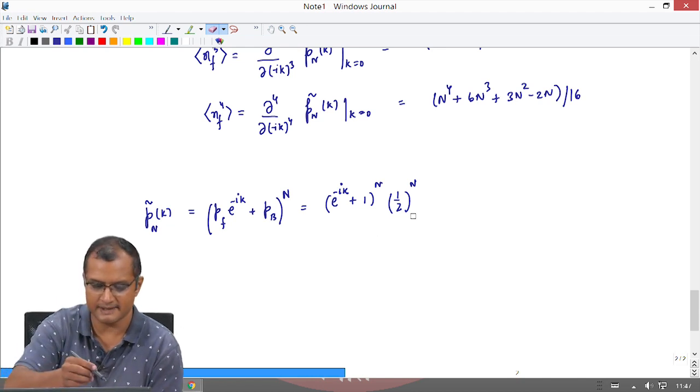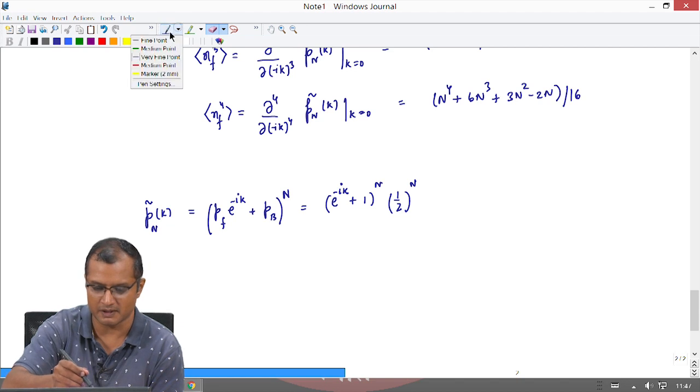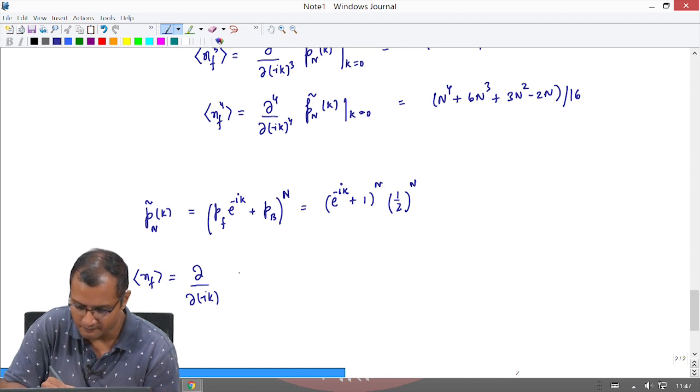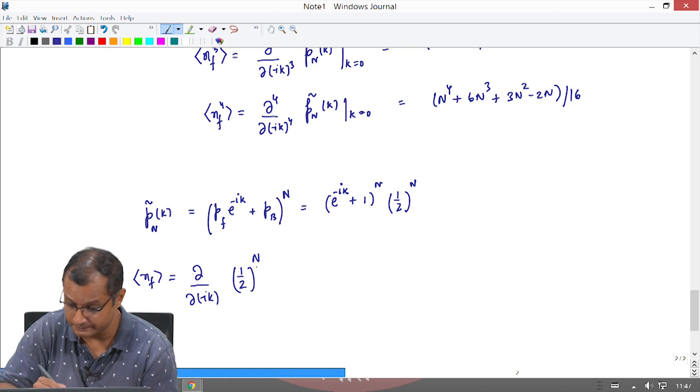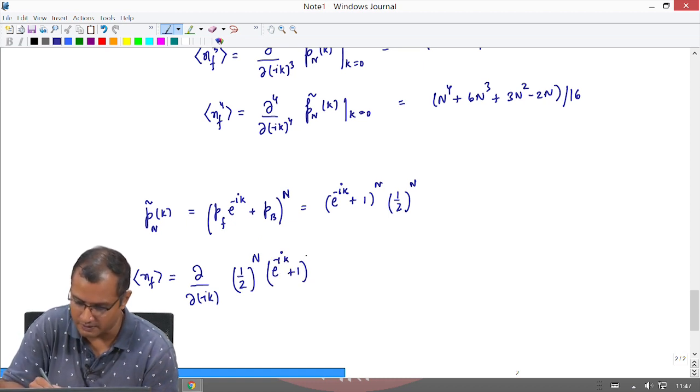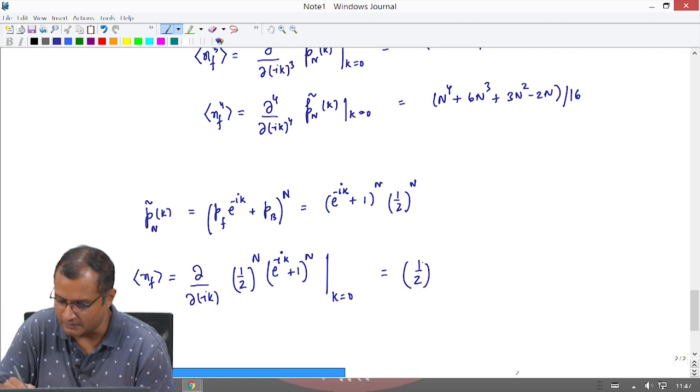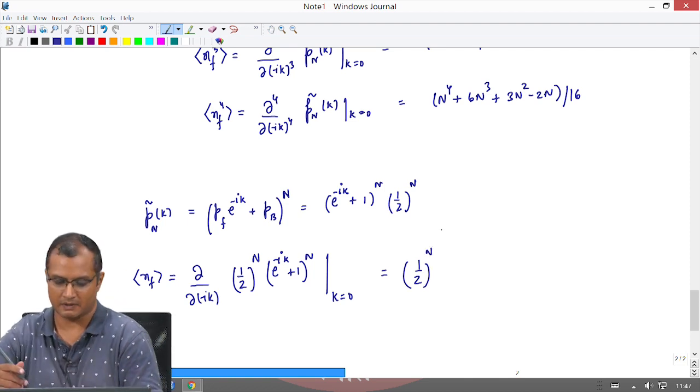So, from there you can easily see the first derivative comes out to be n times p a. So, let us take the first derivative, which is n f. Okay. So, I am just going to take the derivative of 1 by 2 to the power n, e raised to minus I k plus 1 to the power n, and this derivative has to be taken at k equal to 0. So, 1 by 2 to the power n can come out. Okay, so, this is just a constant.